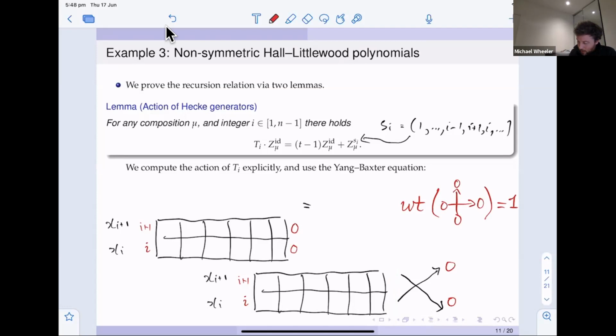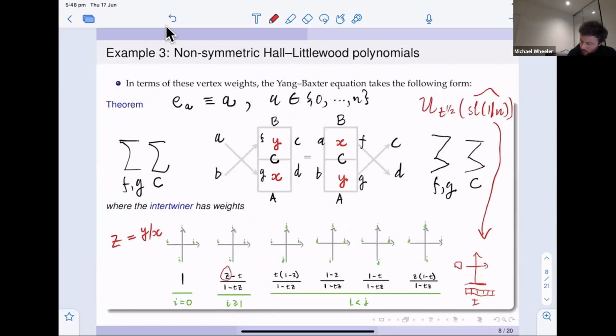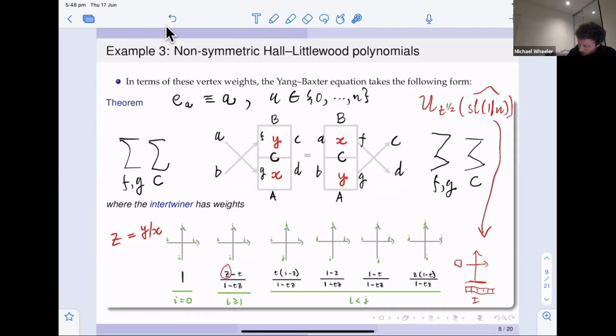Then I use the Yang-Baxter equation. Let's just have a look at it one more time. That allows you to take a cross that lives on this side and push it through to the other side. And in the course of doing so, you end up exchanging these two tiles, or at least exchanging the variables. So let's do that now.